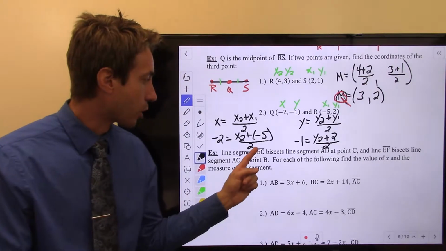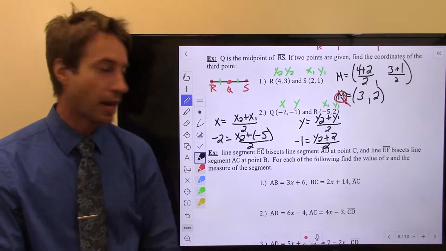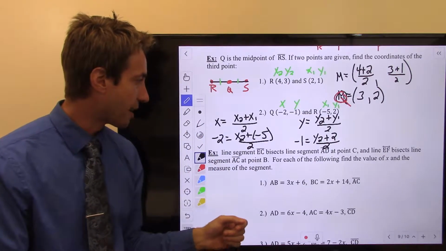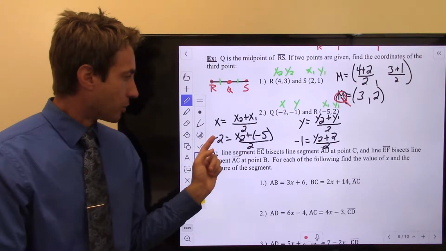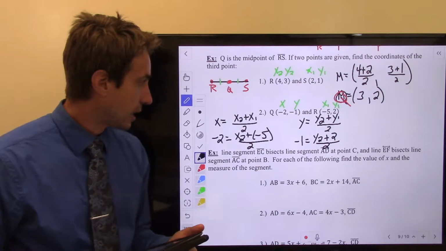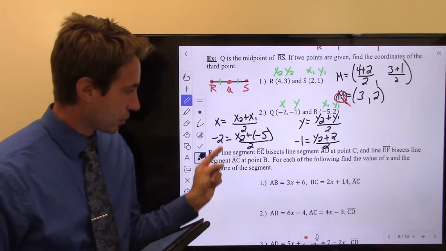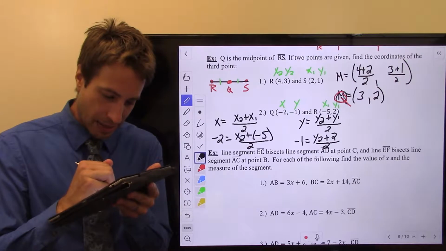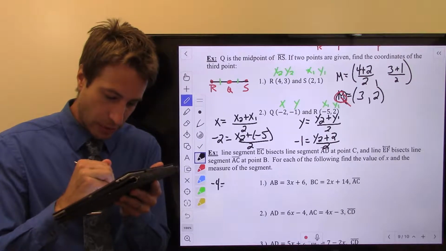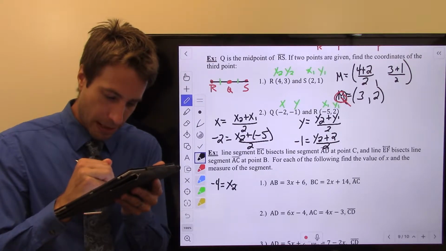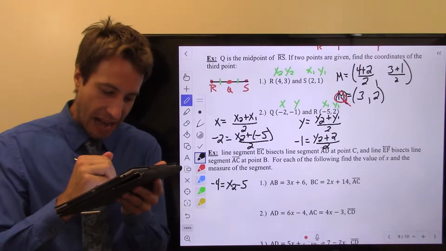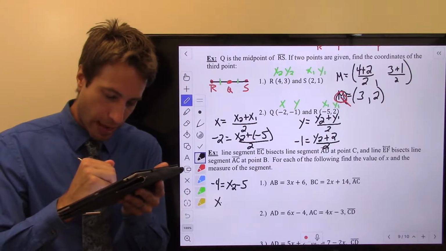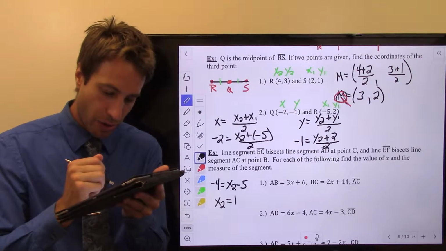So in this case, we're going to multiply the 2 to the other side first. So get that denominator out of there. So we'll multiply by 2, and I'm going to just kind of drop down here. So that's going to give me a -4 is equal to x2 minus 5. Add the 5 to the other side, so x2 is going to be equal to 1.